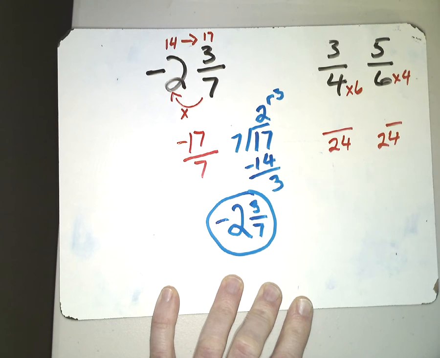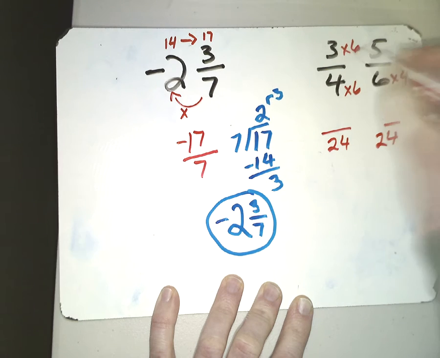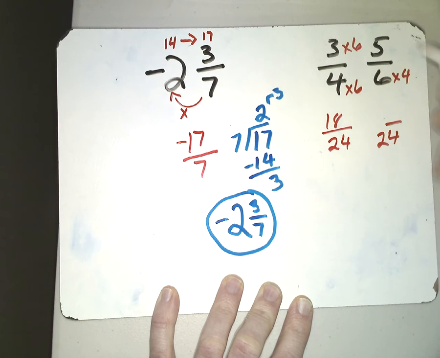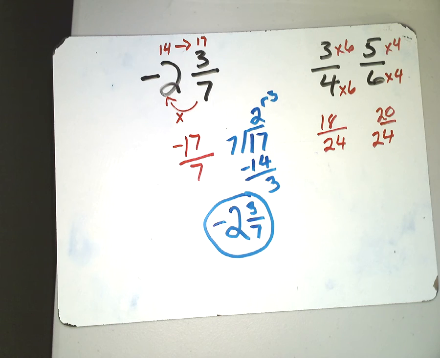Okay? All right, and then as long as I did it to the top and bottom, 3 times 6 is 18, and 5 times 4 is 20. So now I have the same fraction value, but with the same denominator.